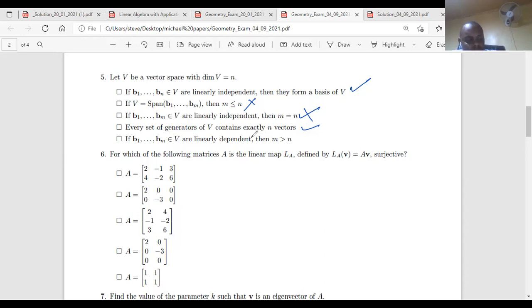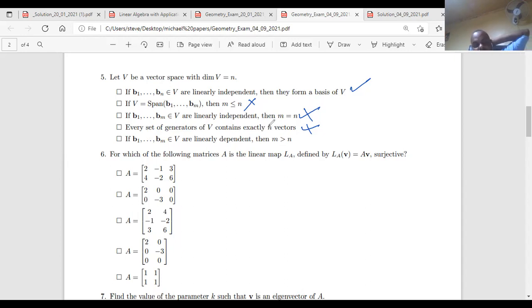No. Because it contains n vectors, it doesn't say it contains n-dimensional vectors. Because a vector is, for example, 3, 1, 0, minus 2, and if we want the dimension to equal the number of vectors, it doesn't make sense.